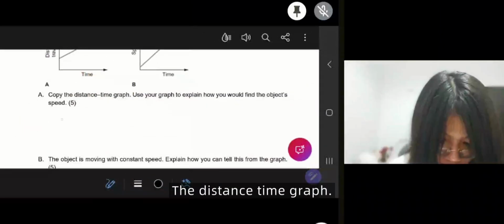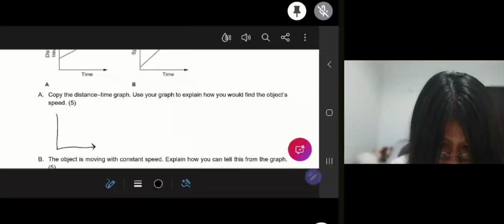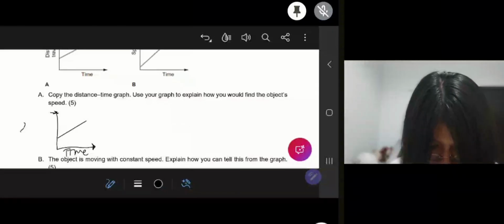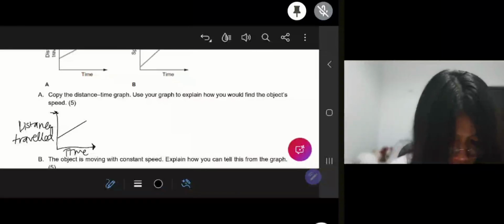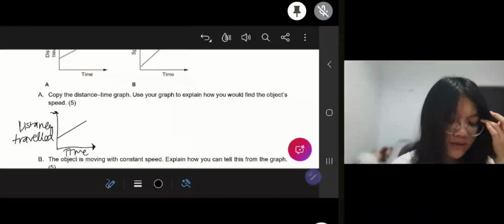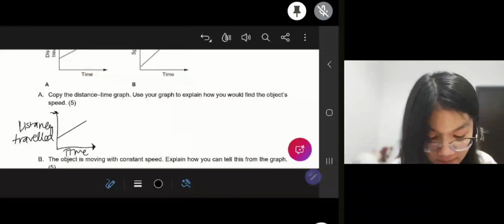Copy the distance time graph. This is time and this is distance traveled. Now, we have to use the graph to explain how we would find the object's speed.